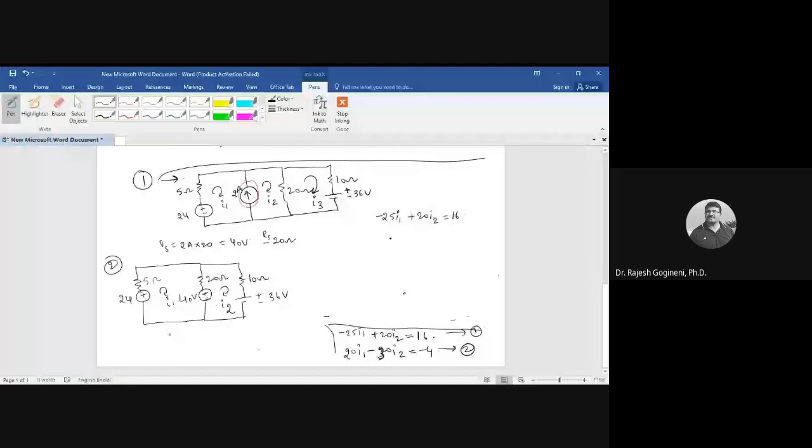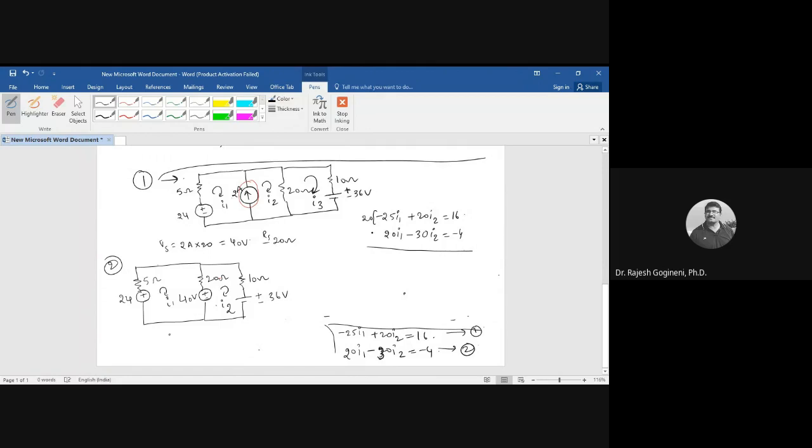The second equation is 20 I1 minus 30 I2 is equal to minus 4. Right? Two equations. We need to find I1, I2. So two unknowns only. So simplify these two equations.